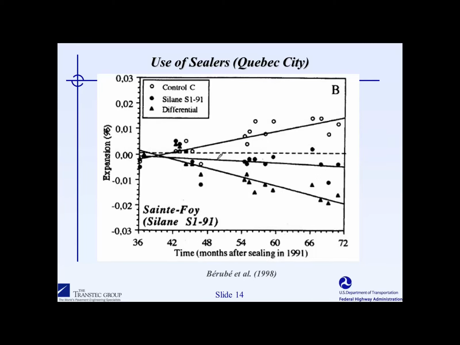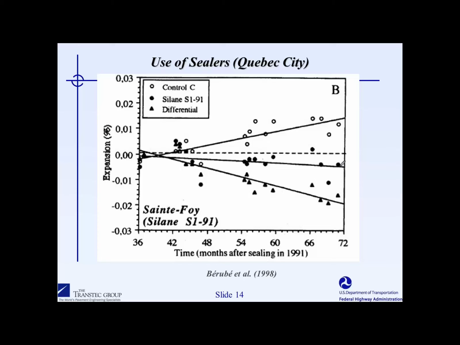And if you look at the middle line here, this is the length change of the concrete that was treated with silanes, and you can see actually during the 6-year monitoring program that it actually resulted in a bulk shrinkage of the overall concrete. So it's very good proof that it was not only possible to lower the humidity, but also the expansion for these barriers.